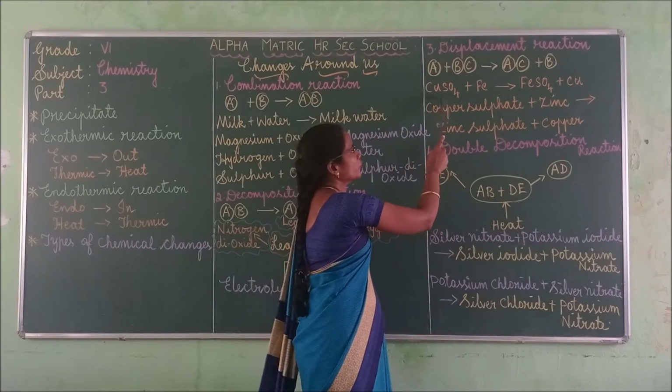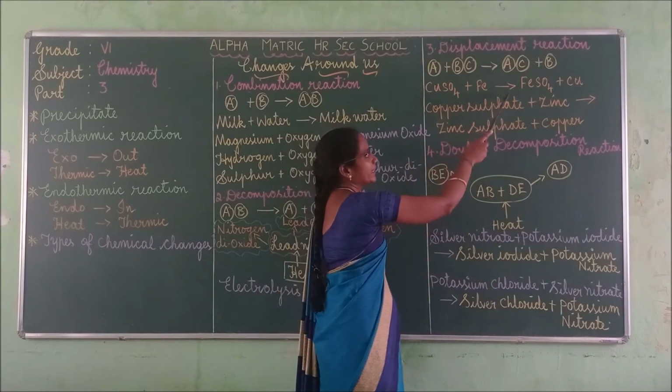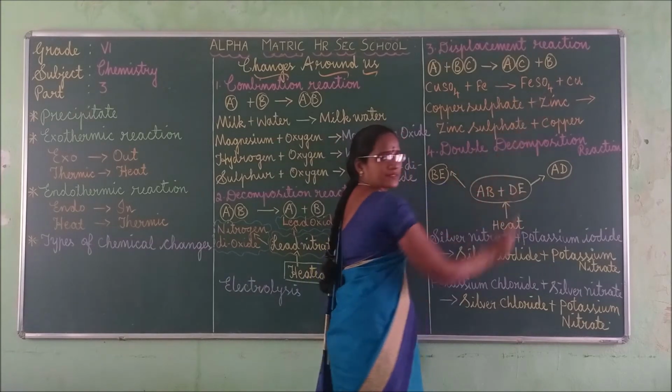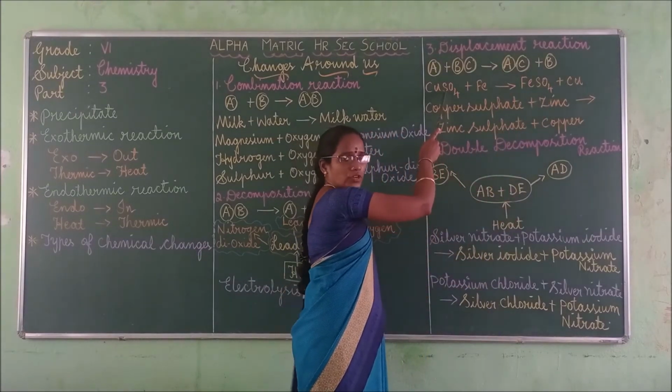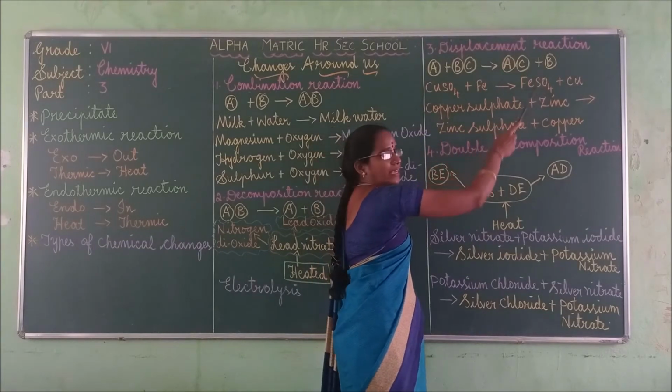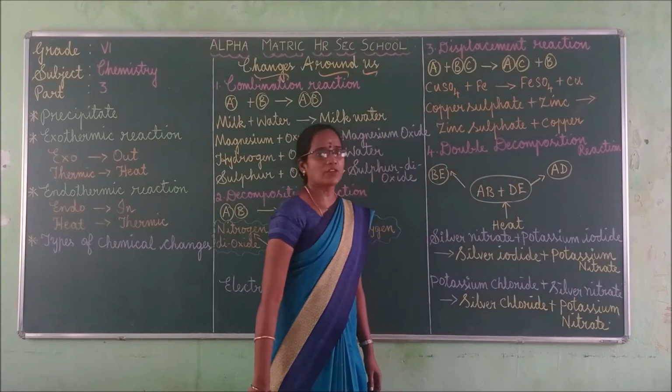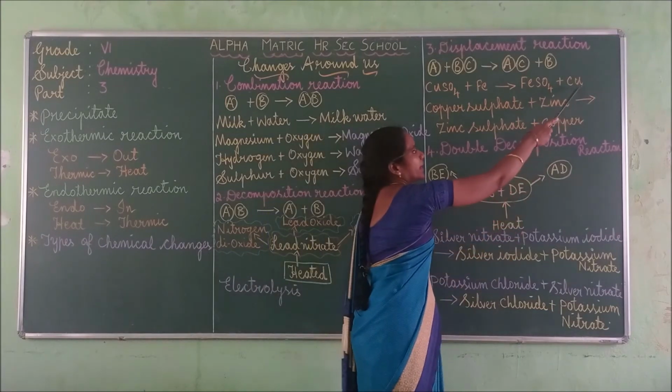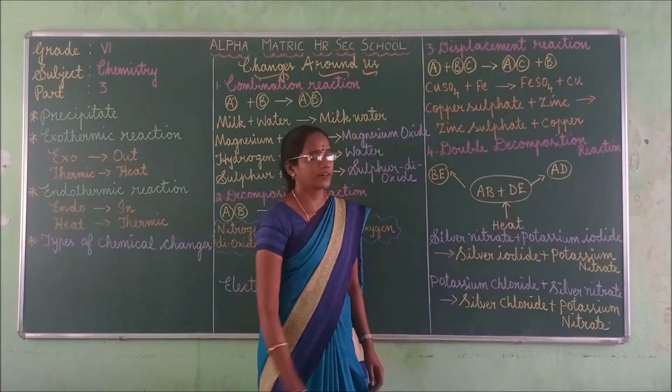So CuSO4 plus Fe gives FeSO4 plus Cu. CuSO4 is copper sulfate, Fe is iron, FeSO4 is ferrous sulfate or iron sulfate, whereas Cu is copper.